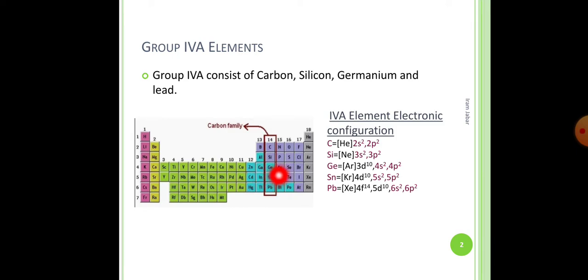They belong to period 4, 5 and 6, which represent valence shell, and group 4A, so they contain valence electrons present in 4s2 4p2, 5s2 5p2, 6s2 6p2 respectively.